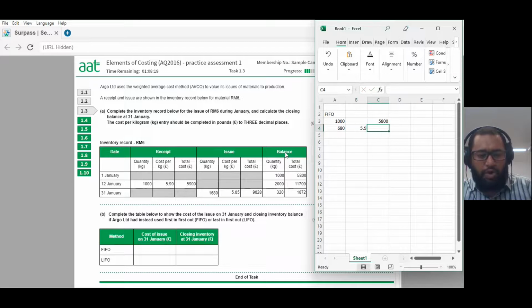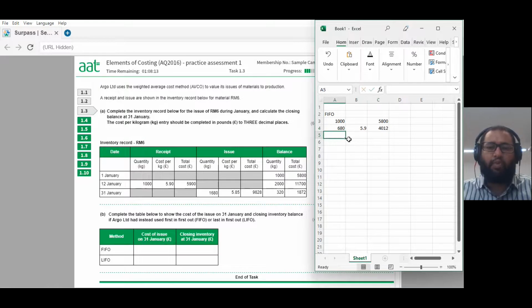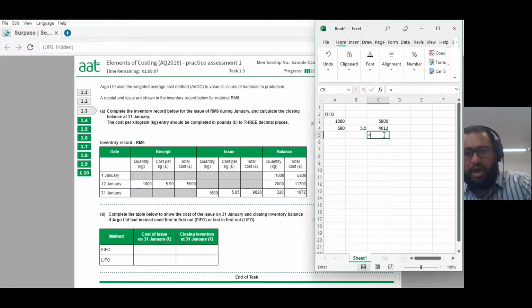So now I'm going to use a simple calculation to find the cost I'm taking from the inventory received on the 12th of January. So the final amount is going to be that plus that.